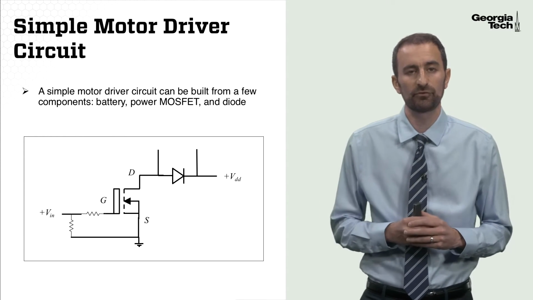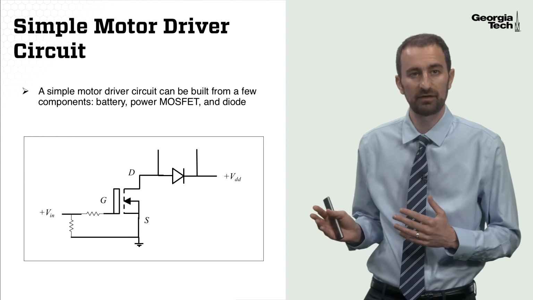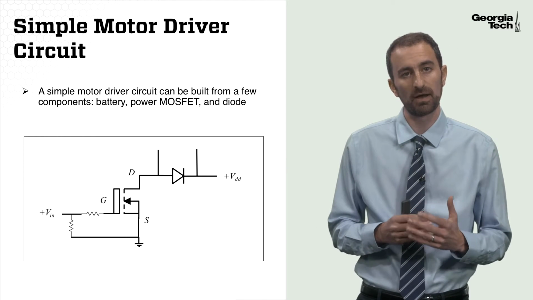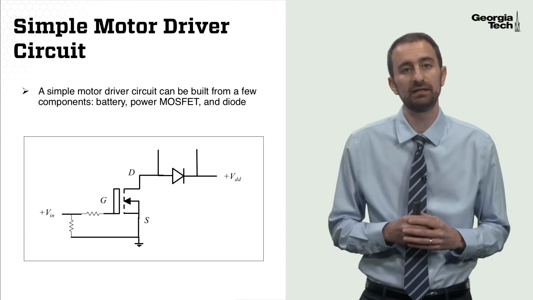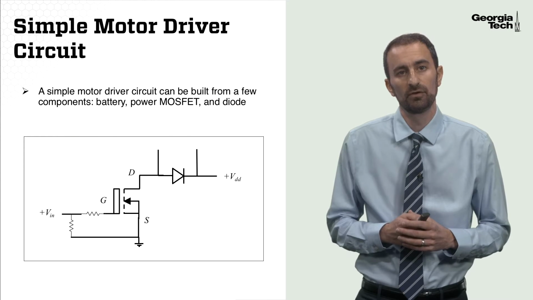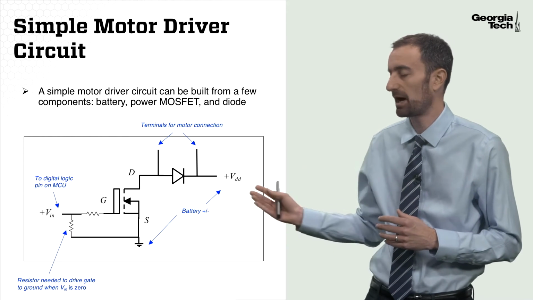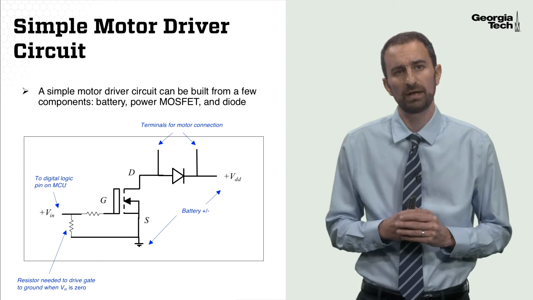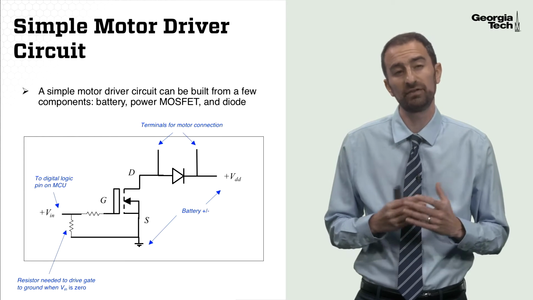Looking at this simple circuit, we can see we have a MOSFET, a flyback diode, as well as the interface VIN for our microcontroller, and the interface for our power source VDD, where we're going to drive our motor. Looking at the components in more detail, first we have the power MOSFET, and into the gate of the power MOSFET we have our microcontroller output logic voltage, VIN.